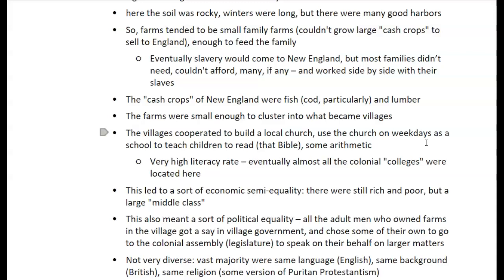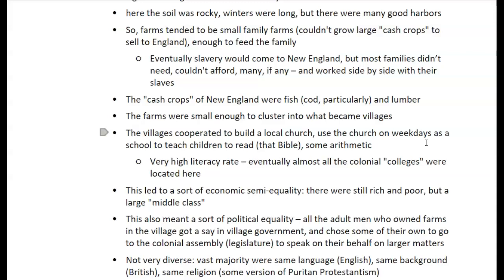Well, all of this led to a sort of economic, I say, semi-equality. You still had rich people, you still had poor people, but you had a very large middle class, and the rich were not fabulously wealthy compared to the poor. They were well-to-do, but the income gap, as we sometimes call it, was not nearly as wide. Well, who cares?